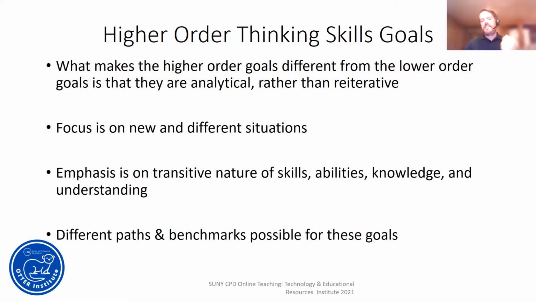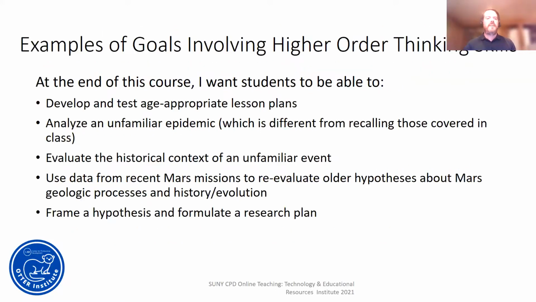And then lastly, there are different paths and benchmarks for all these goals, right? So you wouldn't expect, for example, someone evaluating the historical context of an unfamiliar event at an introductory level to dig into primary sources and maybe go to a museum or travel and do the kind of stuff a professional historian would do.